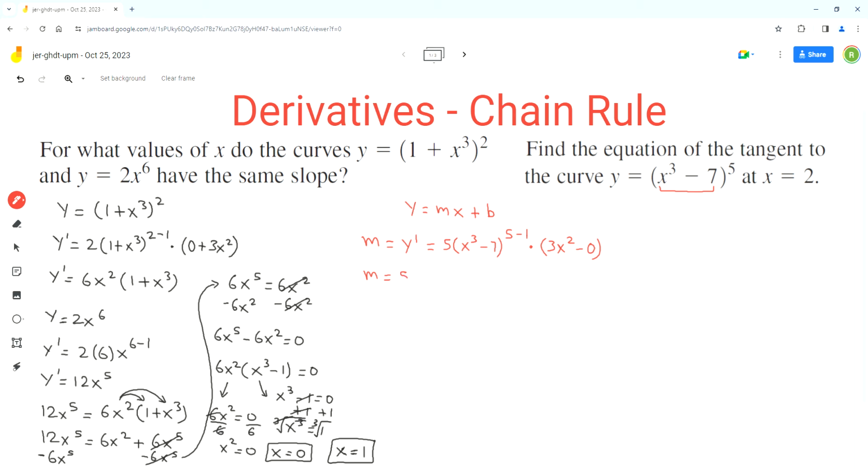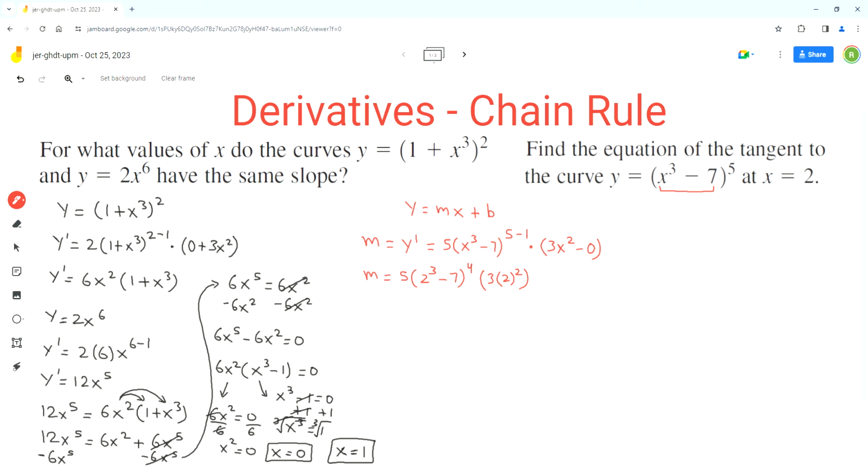So we get 5 times (2 cubed minus 7), and then we can simplify the exponent to 4, times 3 times 2 squared, and the 0 goes away.